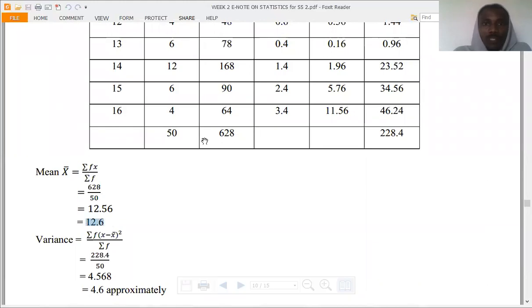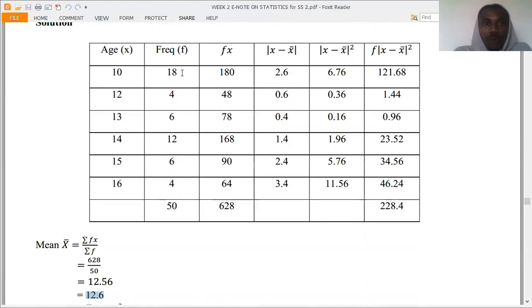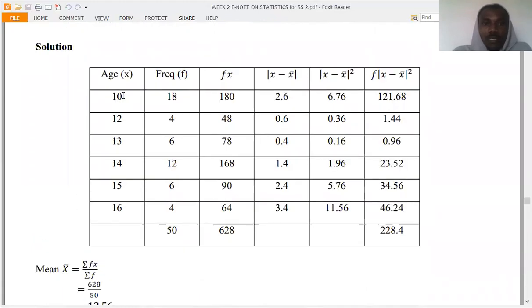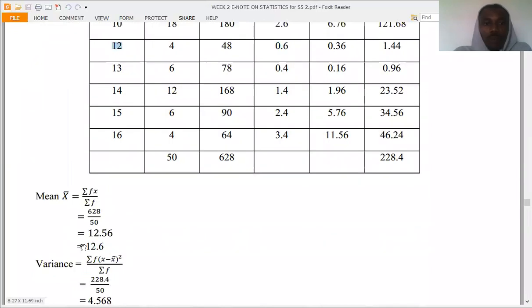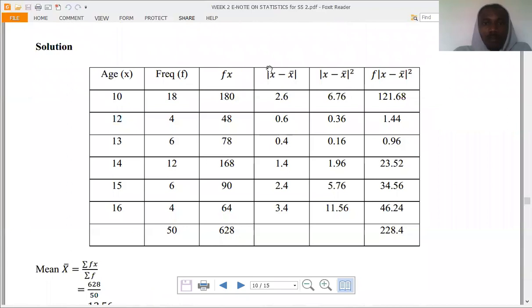So when you take the deviation of each point from the mean, 10 minus 12.6 is negative 2.6, and we take the absolute value of that result. How do we get 0.6? The age 12 minus 12.6 gives negative 0.6, but when you take the absolute value, that gives 0.6. The absolute value is just the positive value.